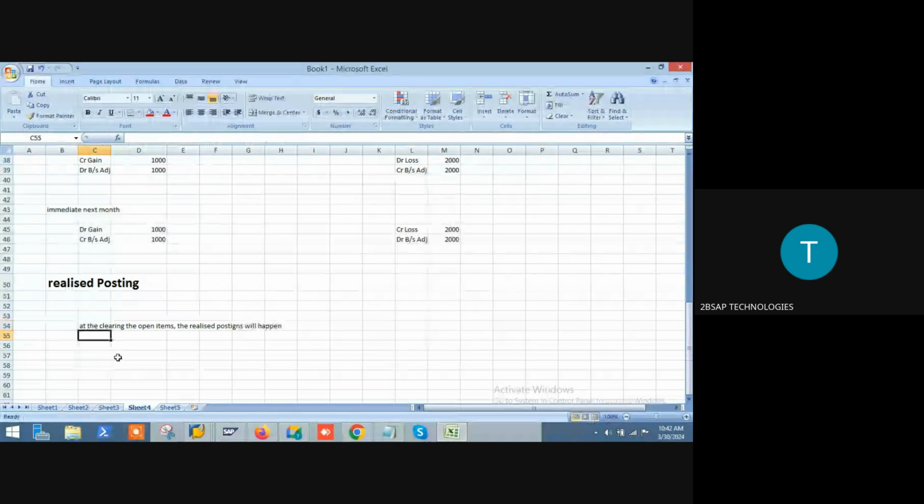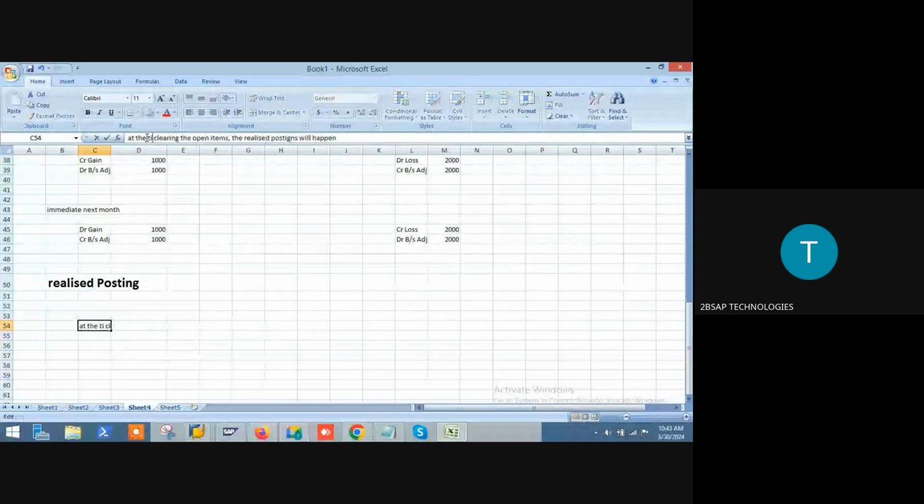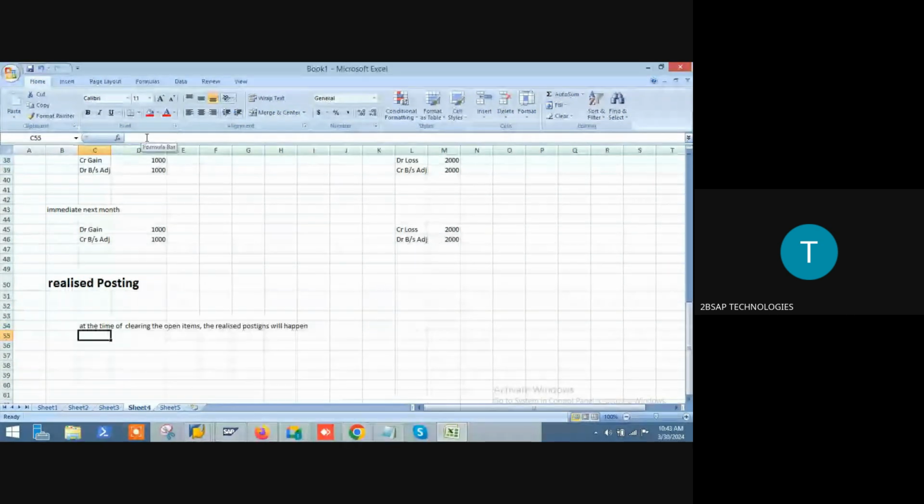At the time of clearing the open items, the realized postings will happen.